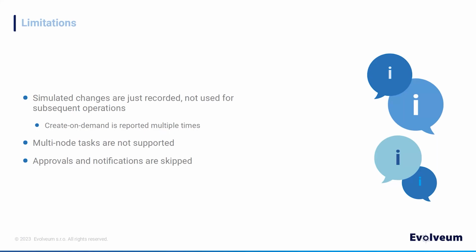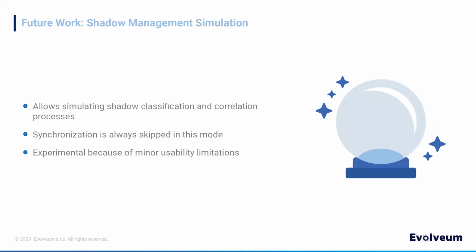Now let me say a few words about the experimental feature called shadow management simulation. Normally, the low-level shadow management operations like updating the kind and intent and synchronization situation are always executed, and therefore not shown in the simulation result. That's okay, as they are really not relevant from the business point of view and shouldn't do any harm by modifying them.